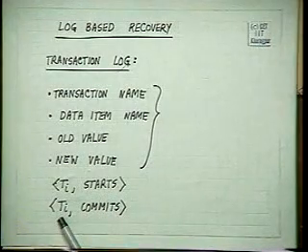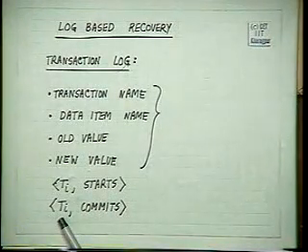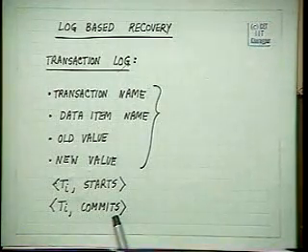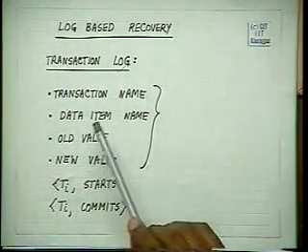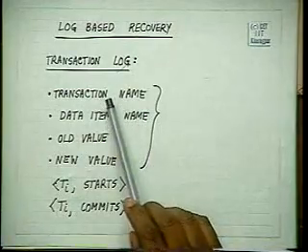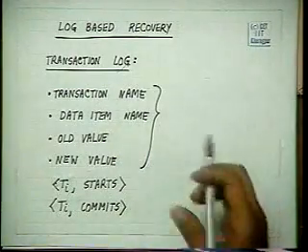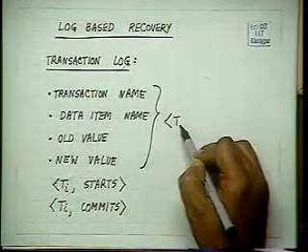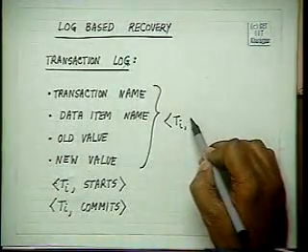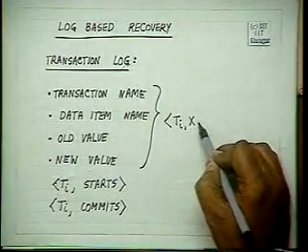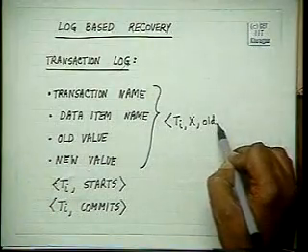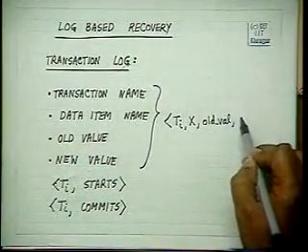When T1 is fully over and all the data has been written back, we will write down T1 commits. In between, for a transaction, we will write down Ti, the data name, say X, the old value and the new value.